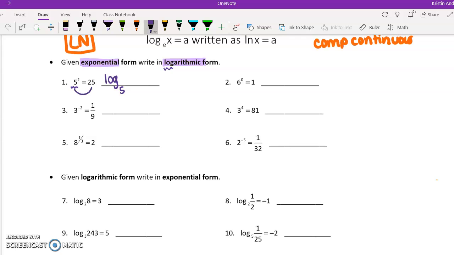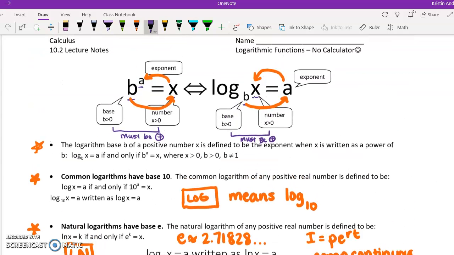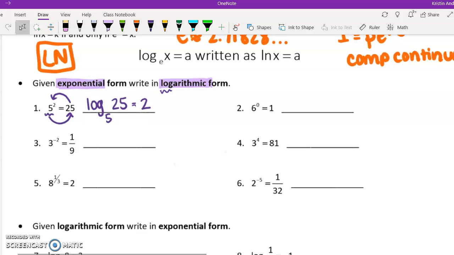Then you skip over the exponent and you go of 25 equals, and the exponent goes last, 2. So that follows from what we did up above right here. We're just modeling this. They're giving you exponential form, so the b, a, and x go back into the log form, but in a different order.